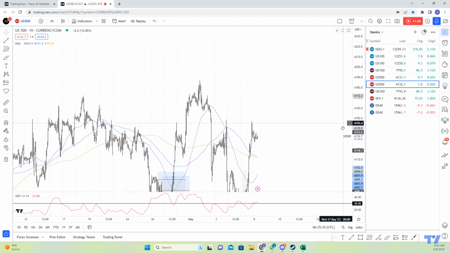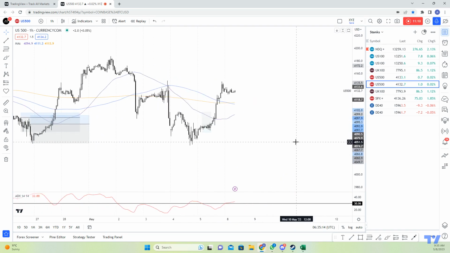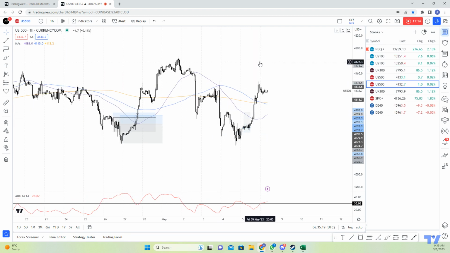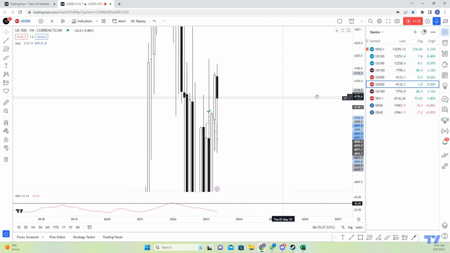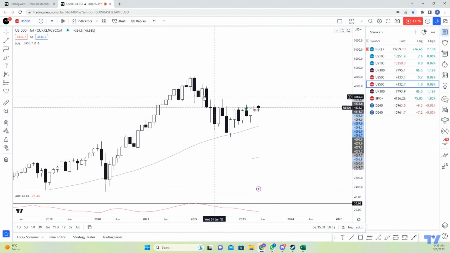S&P is very, very strange. I don't know how to say this, but it's one of the weirdest assets to trade right now, mainly because we're also in a range here. There is nothing going on. This is the range, right?